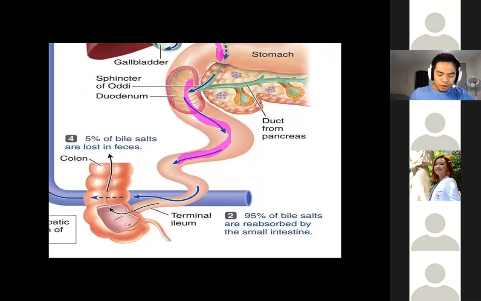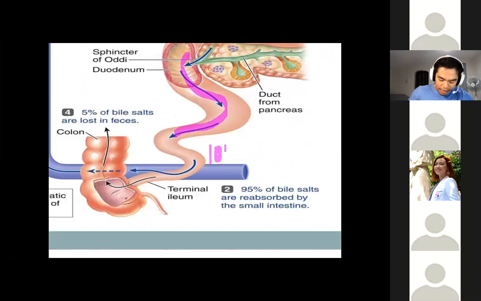Now, out of 100%, only approximately 5% ang napupunta sa colon natin. Ang colon ay large intestine. So anong conclusion? Pag nakarating sa colon, yung portion ng bile salt na to, maidudumi na ba siya? Mailalabas na ba siya?